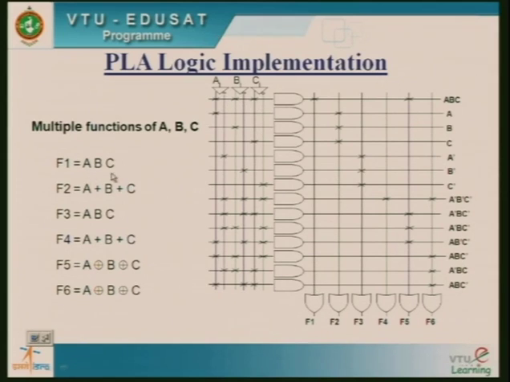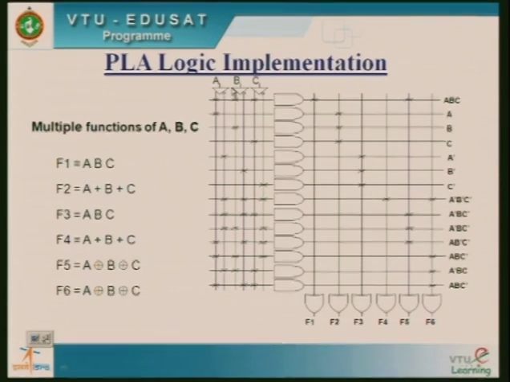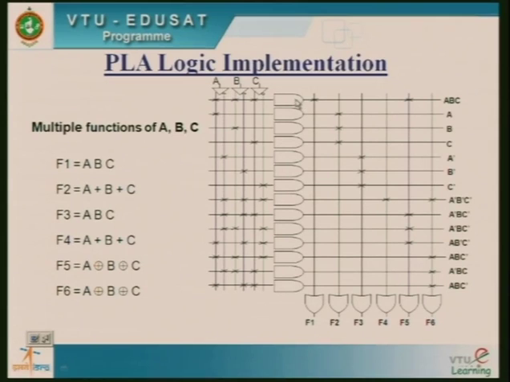Since we have 3 variables, all the 3 variables with the complemented inputs are connected. So input is an AND array and output is an OR array. You can just see, I can generate as many functions as I want by connecting output OR gates. So for F1, the equation is ABC.